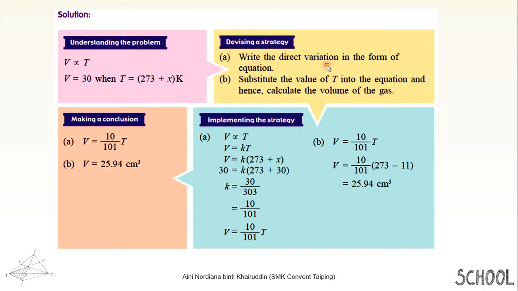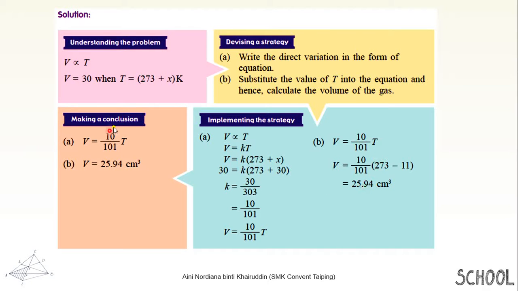Write the direct variation in the form of an equation. Then substitute the value of T into the equation and hence calculate the volume of the gas. So this is the same calculation that we did in the previous question until you get the formula V equals 10/101 T. Then substitute the value of T to get the volume.